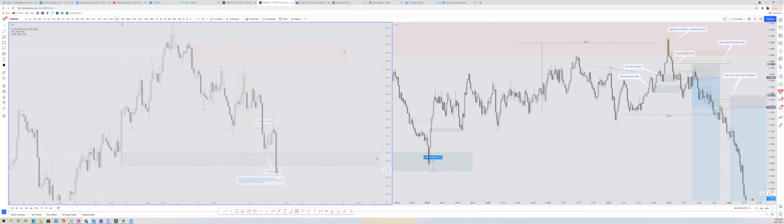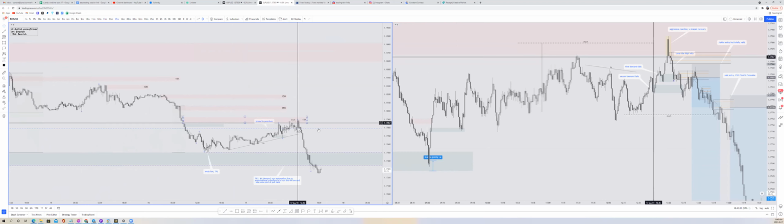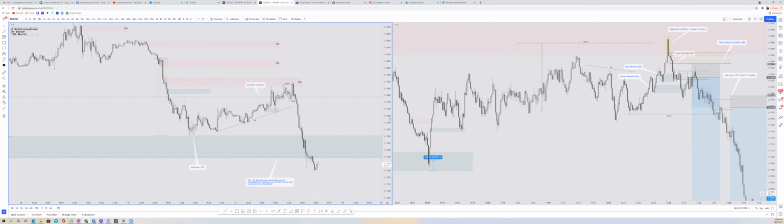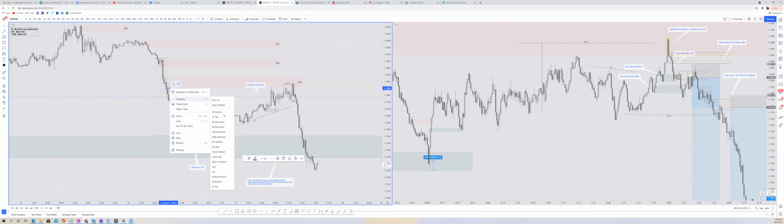But on the 15, if we go and look, usually there's some sort of inducement under any OB, right? So if we look at the OB we tapped into, to me, this would be inducement. And as long as that inducement is intact, we expect the OB to hold.